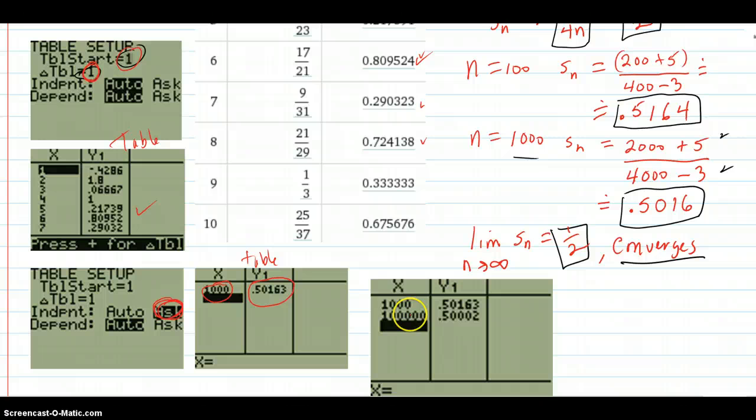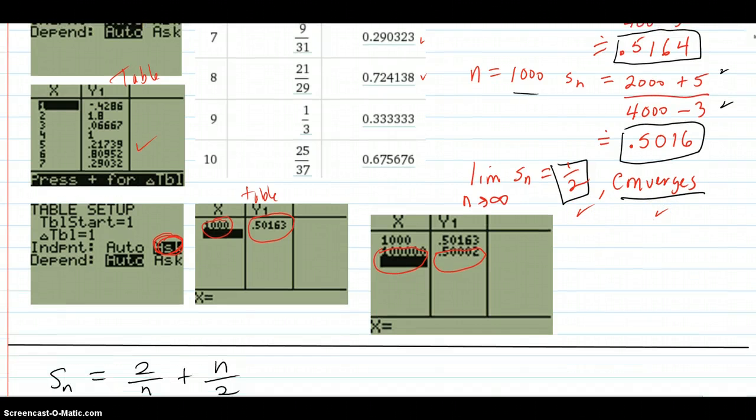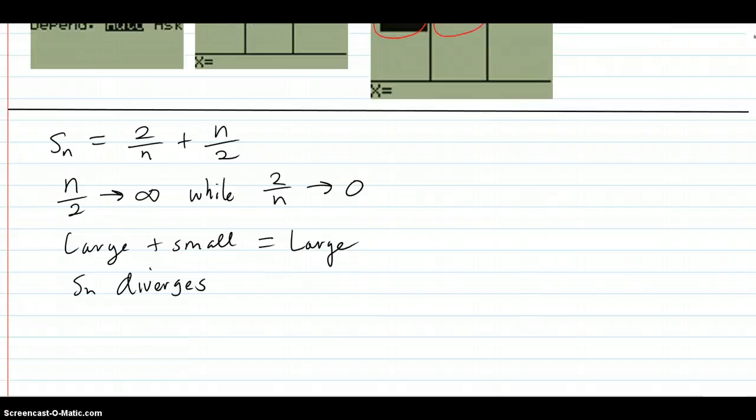And then I asked again, put in 100,000, and this time it gave me something very close to 0.5. So our mathematical analysis is matching up with our calculator table analysis, that the limit is 1/2 and that the sequence converges. Now we do one last example here.